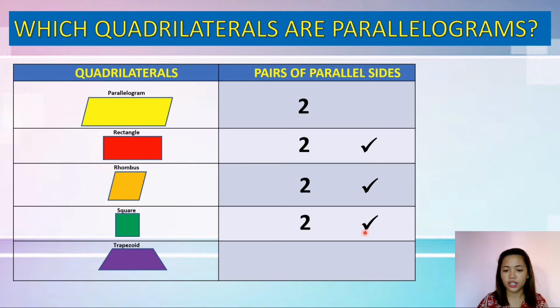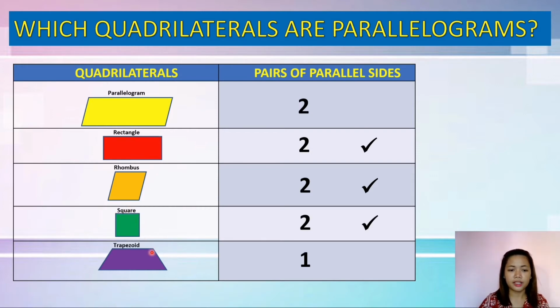How about a trapezoid? Is a trapezoid a parallelogram? As you can see, the bases of this trapezoid are the only pair that makes parallel lines. How about its legs? If you extend both of the legs of this trapezoid, it will make an isosceles triangle, and they will meet at a certain point which is the apex of the triangle.